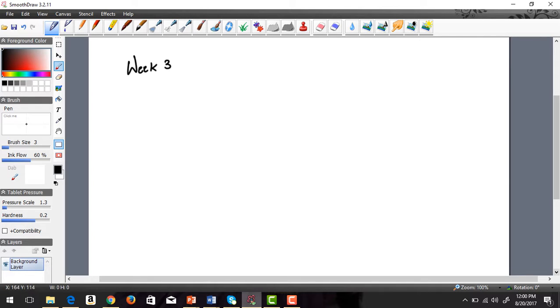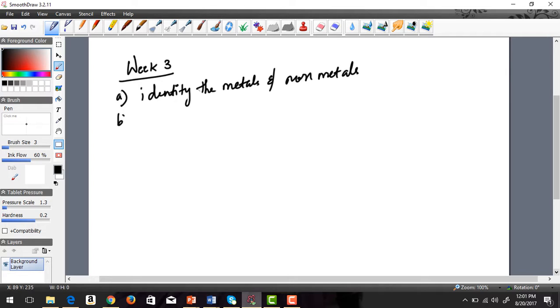Week 3. First, we are going to again re-identify, we've already done this, but identify the metals and non-metals in the periodic table. It's not going to take very long. I am not going to hover around this for too long because we're only identifying metals and non-metals, so that shouldn't take us very long.